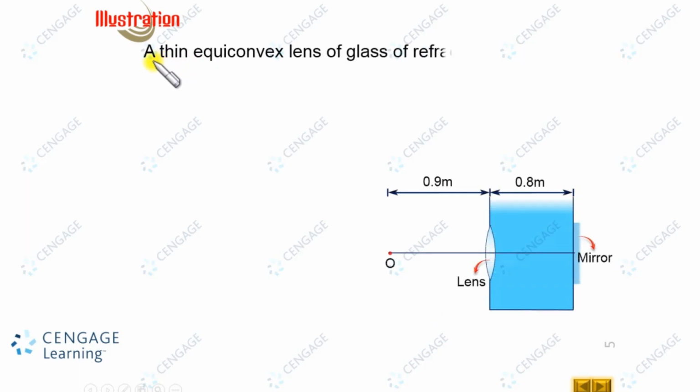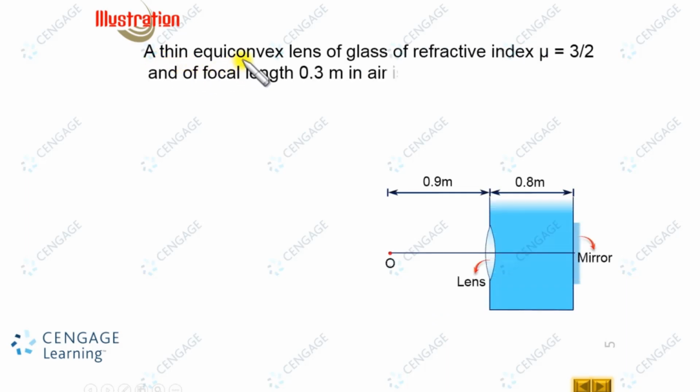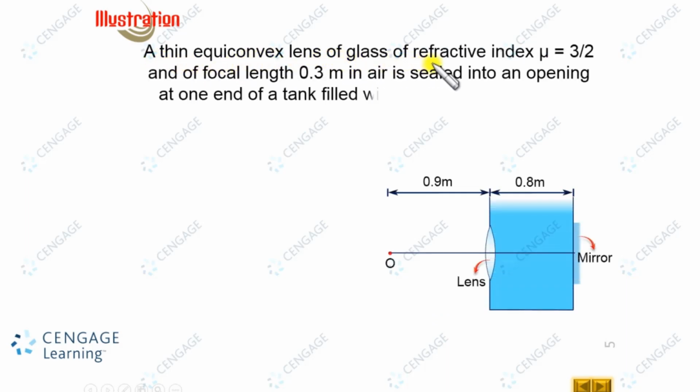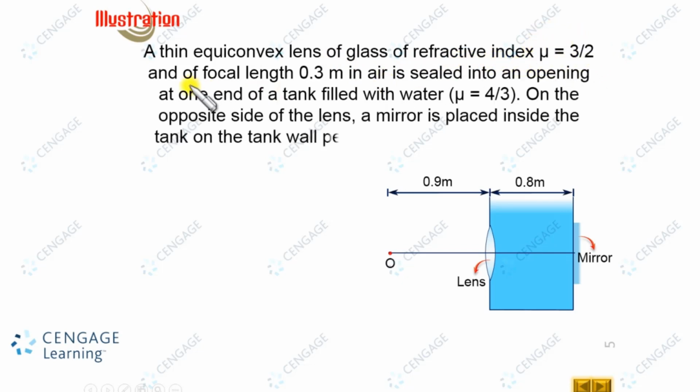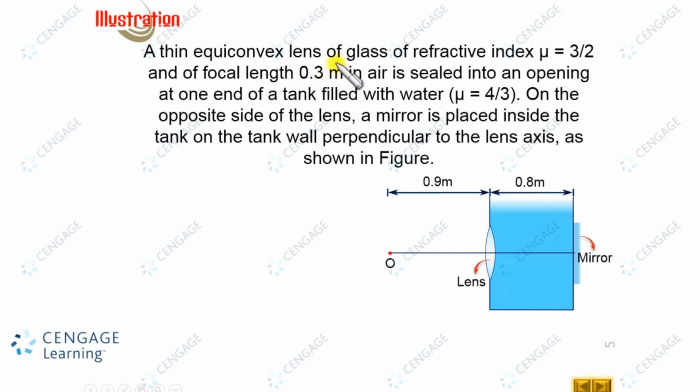In this illustration we are given a thin equiconvex lens of glass of refractive index mu equal to 3/2 and focal length 0.3 meter, 30 centimeter, in air, sealed into an opening at one end of the tank filled with water of refractive index mu equal to 4/3.